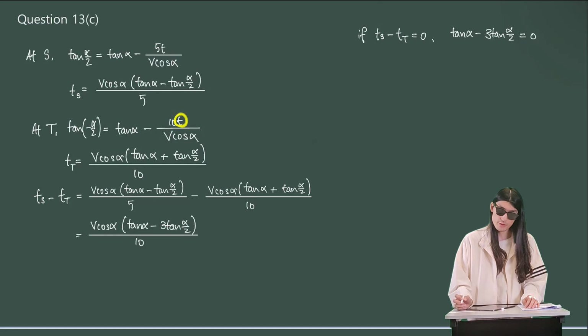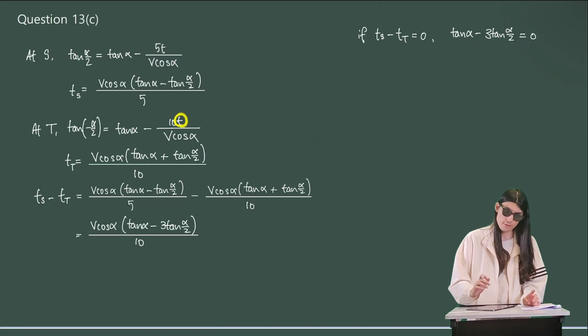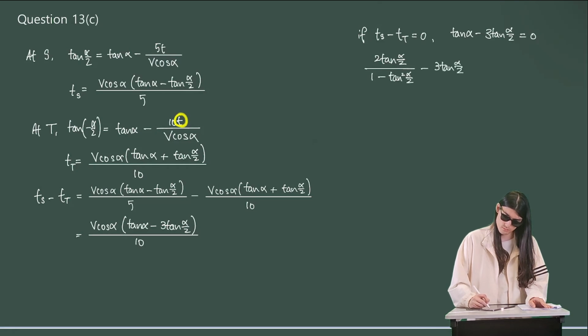Solving the trig equation, I've got to begin by matching my angles. Alpha on 2: alpha is double alpha on 2. Double angle formula. There we go. Now I'll put everything over 1 minus tan squared alpha on 2.